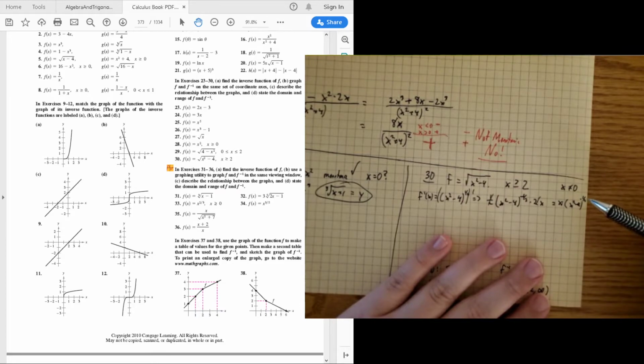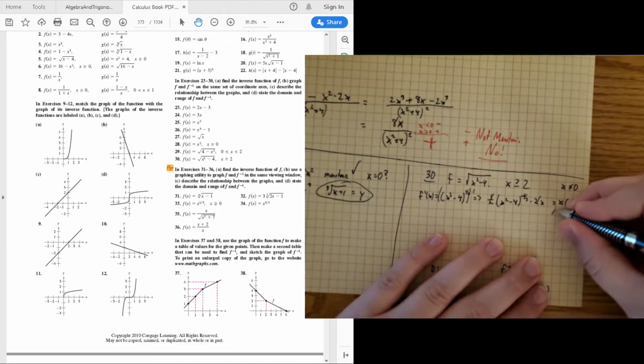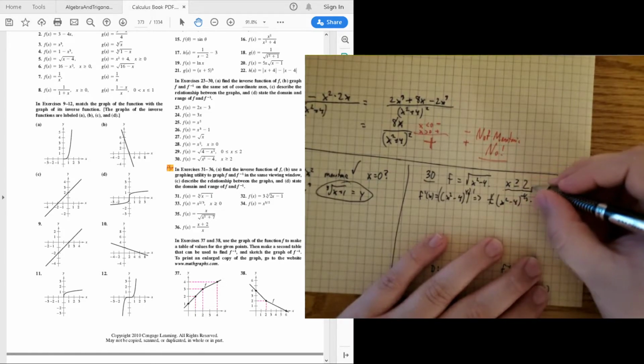Because it's a negative power, if I plug in 2, 2 squared will be 4, 4 minus 4 is 0, you cannot have 0 on the bottom. On top, if it's bigger than 2, then the top will always be positive, because 2 is positive, and everything bigger than 2 is also positive. So it turns out this is always going to be positive. So this is actually monotonic in this specific domain.